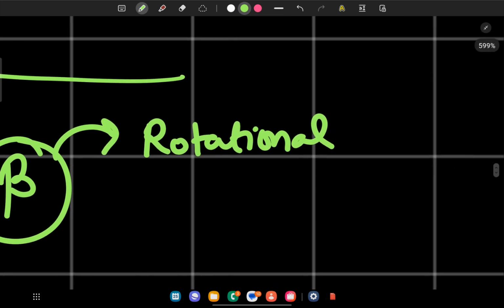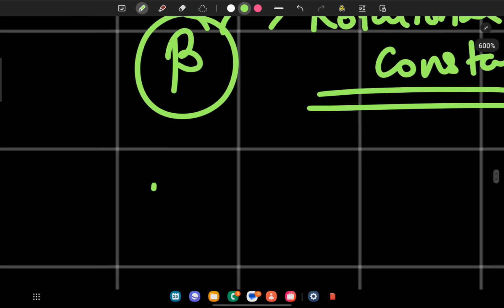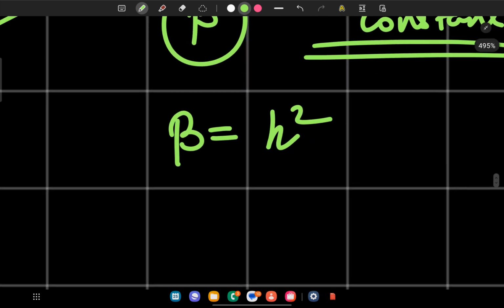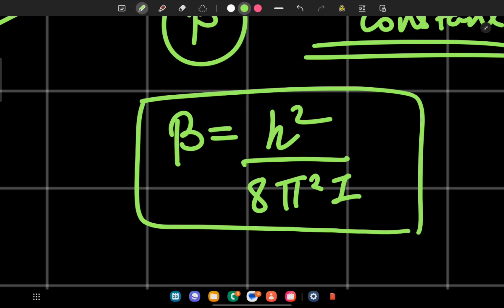This rotational constant can be expressed as beta is equal to h square over 8 pi square I. This is how you figure out the value of beta. If you know the value of Planck's constant and the moment of inertia, you can just put the values in this equation and get the value of the rotational constant for the particular molecule.